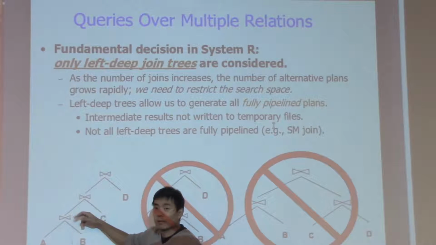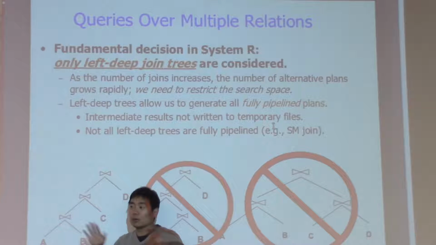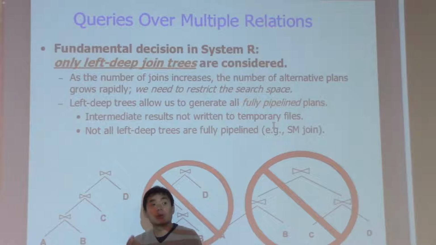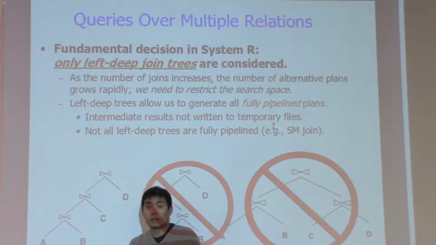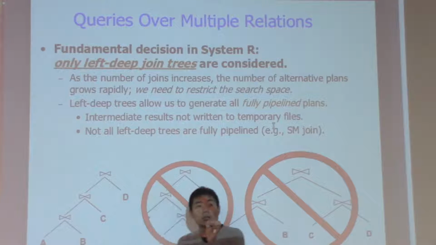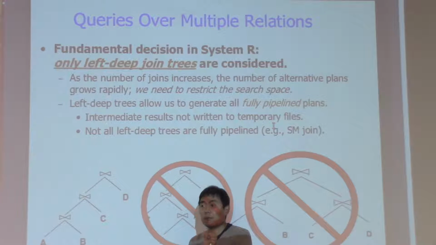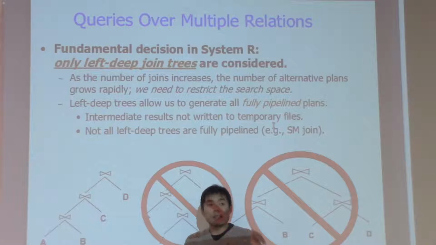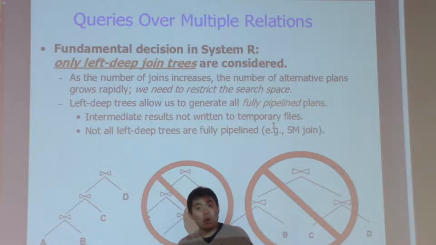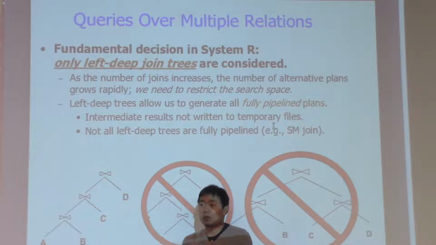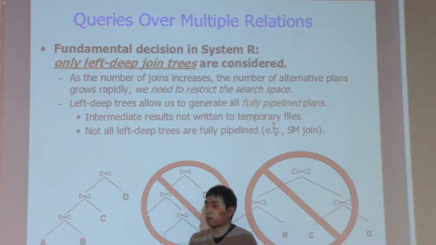Except the leaf level node, which is trivial, we don't consider that. For every single internal node of the tree, the right-hand side must be a base relation from the join. The left-hand side can be a base relation or an intermediate join result. And that's how we define a left deep join tree.